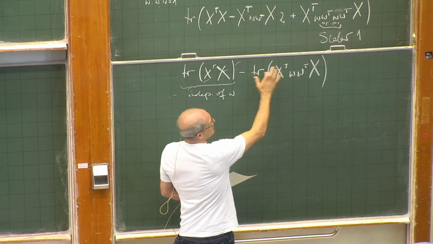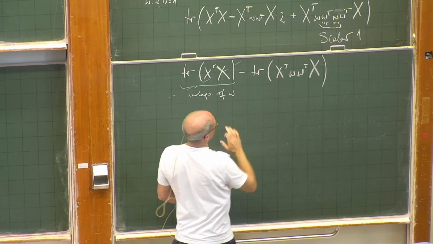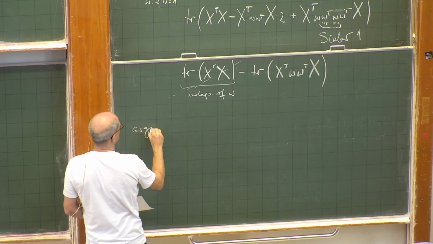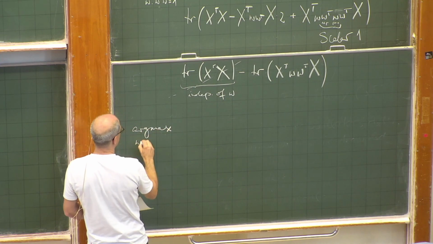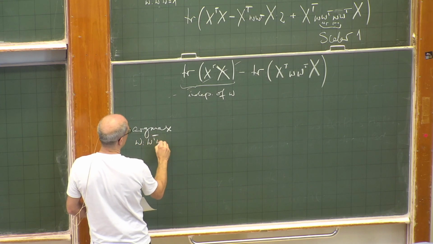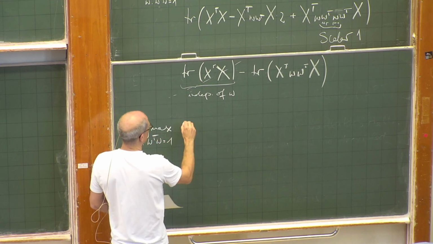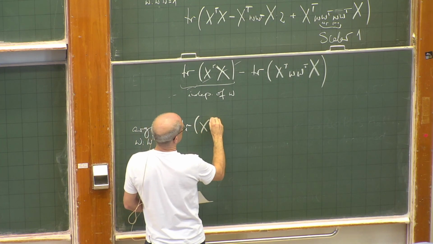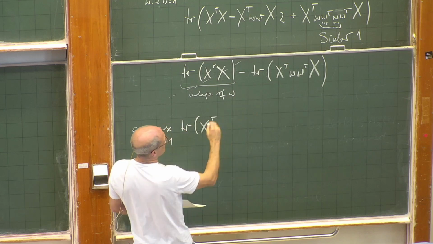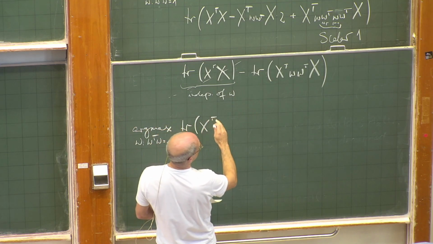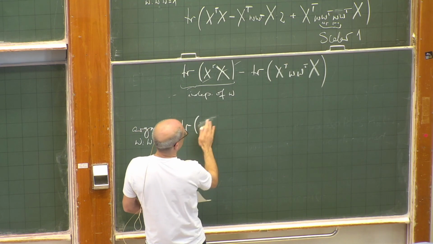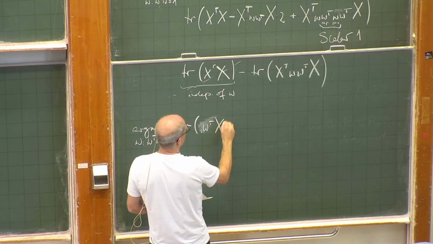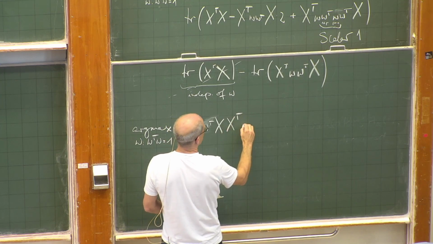And what's left is that I want to make this as small as possible, or because we have a minus there, equivalently, I want to make this trace here as large as possible. And I'm using cyclic permutation under the trace here to write this as W transpose X, X transpose W.